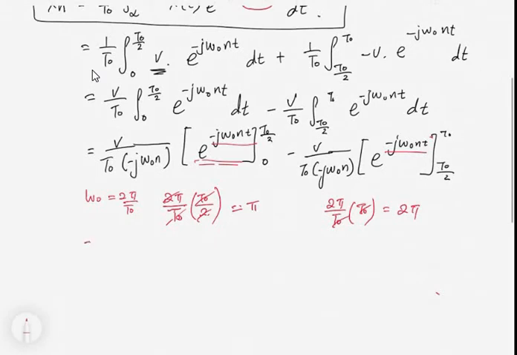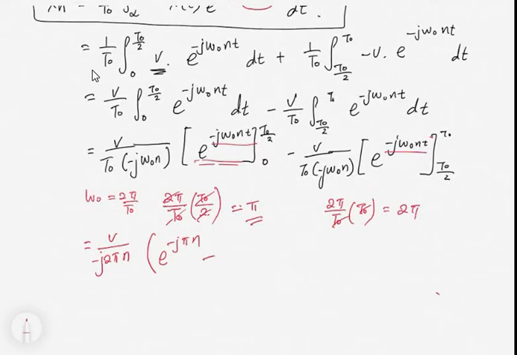So that is equivalent to V over minus j 2 pi n. Okay, and then this one is e to the minus j pi n, because we already solved it there.